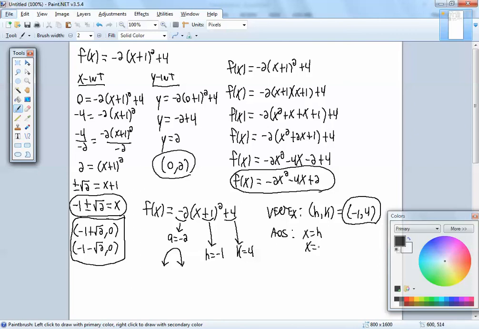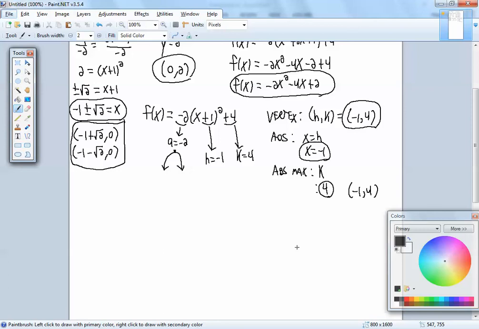And h was -1, so we got x is equal to -1. Now our graph opens down, which means it has a highest point. So it's going to have an absolute max. And the absolute max is also your relative max, but it's going to be equal to k, which is going to be equal to 4. Some books write this in point form, so that'd be -1, 4 if they did that.